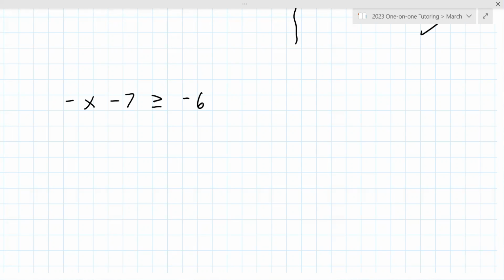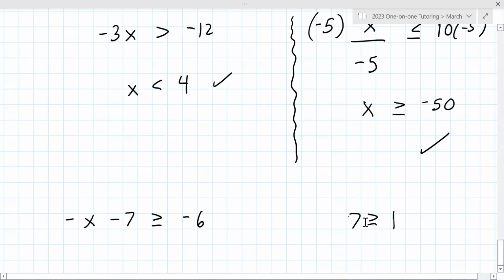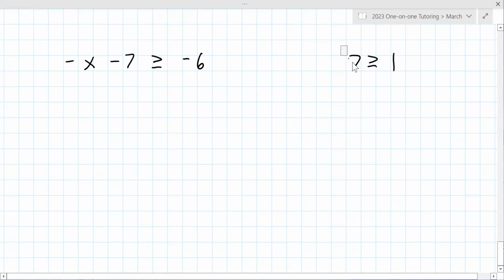I got 7 greater than or equal to 1. Like this? Yeah. Okay, so help me out here. I should have x is greater than or equal to 1. Like this. Yeah. Okay, that sounds better. I'm not sure that's correct, but that's better. It's got to have a variable in it.